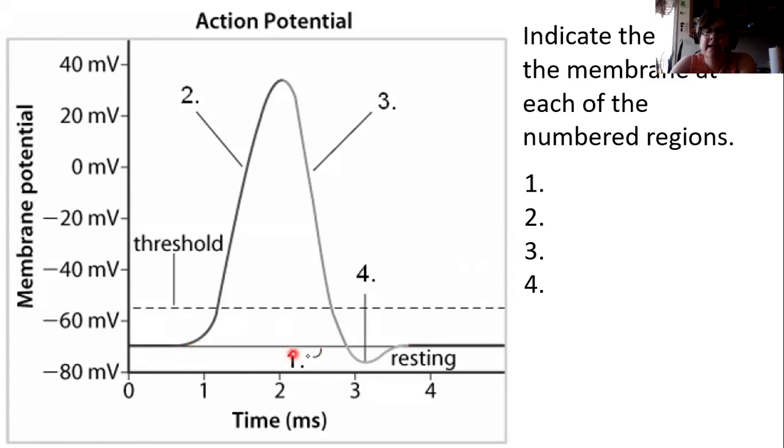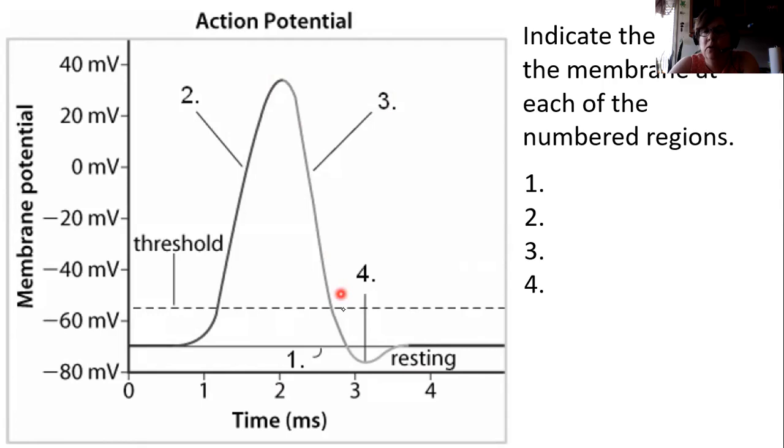Yeah, number 1, that membrane is in the state of resting membrane, or polarized. What ized word am I going to use for number 2? It's depolarized, right? We're going like this. What ized word am I going to use for number 3?